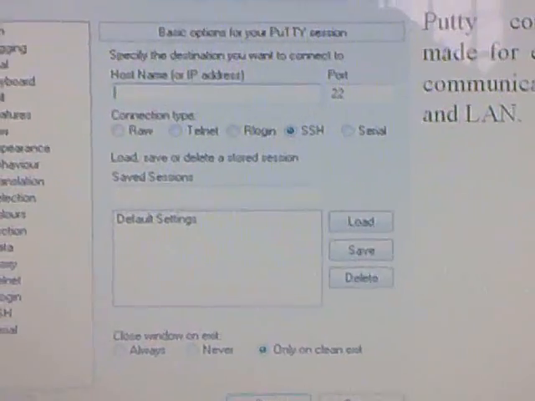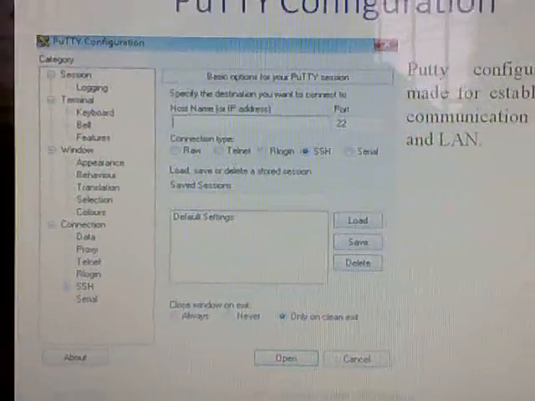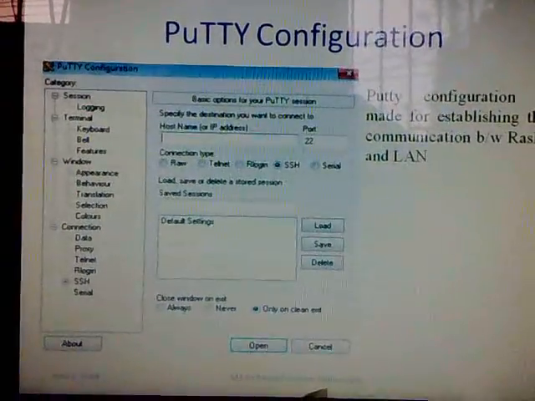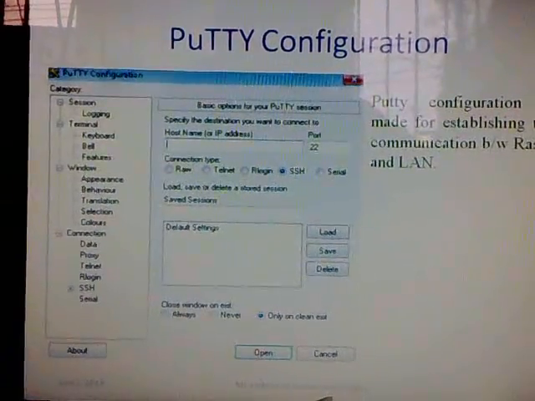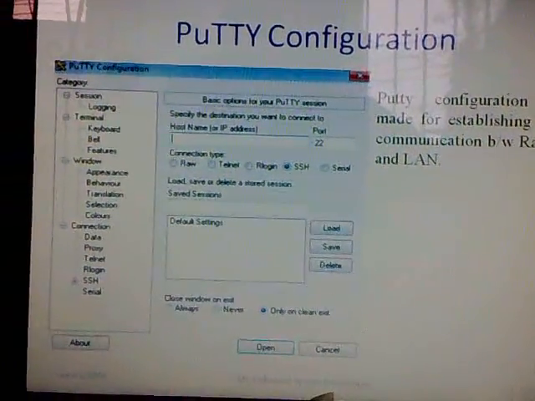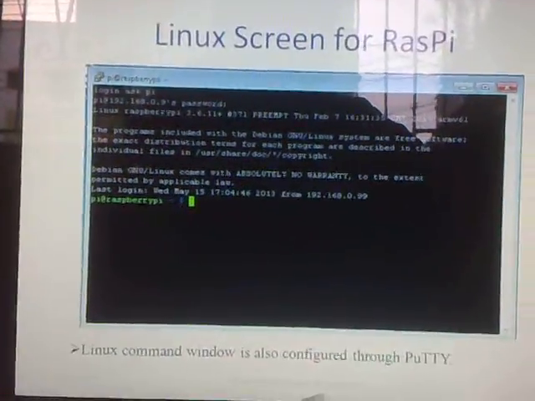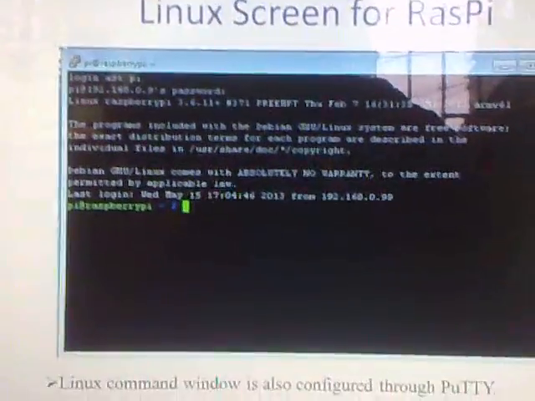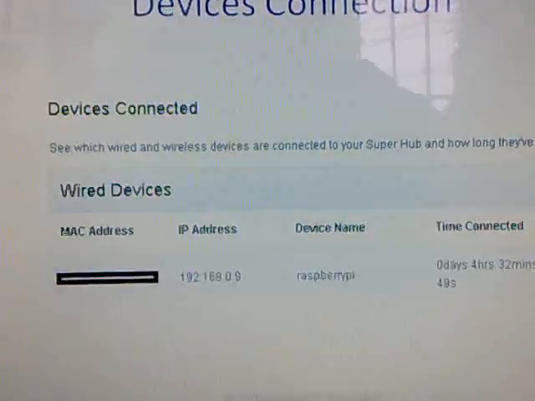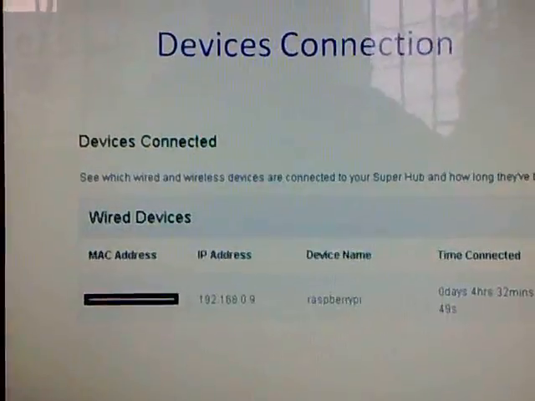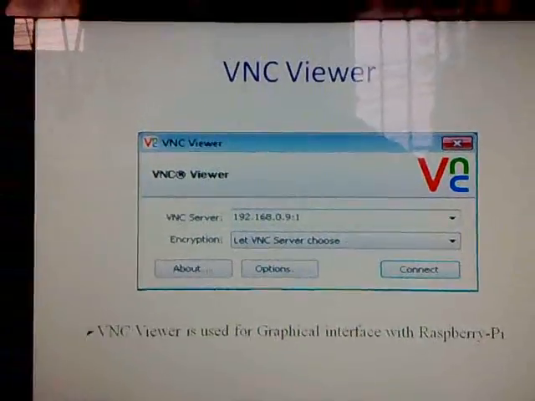The PuTTY software is used in Linux for showing the LAN connection between the Raspberry Pi and the monitor. This is a Linux screen for Raspberry Pi. This is how the device has been connected through IP address.